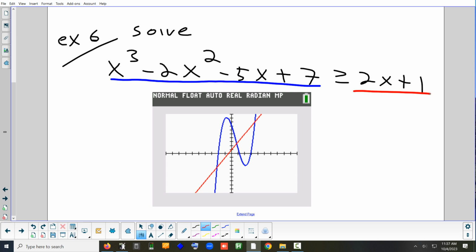They want to know where the blue one is above or equal to the red one. How many sections do we have to break that up into? There's 4 sections: below, above, below, and then above again. How many sections is the blue one above the red one?